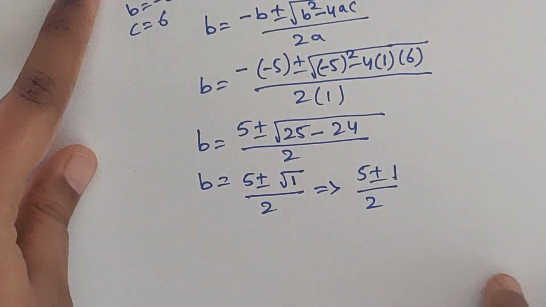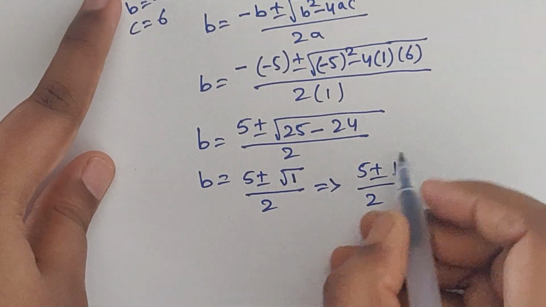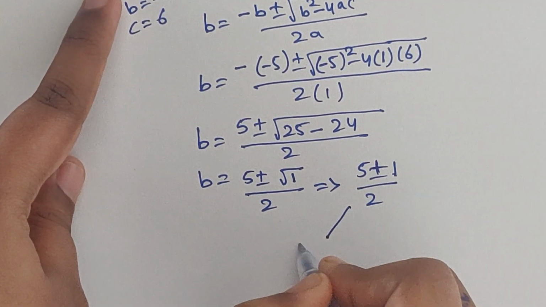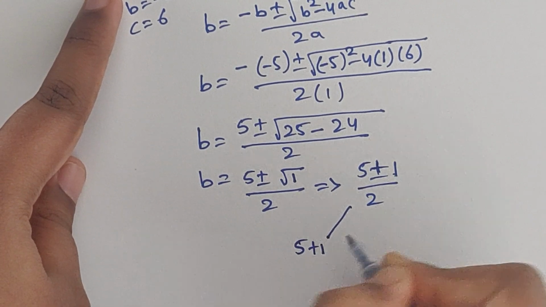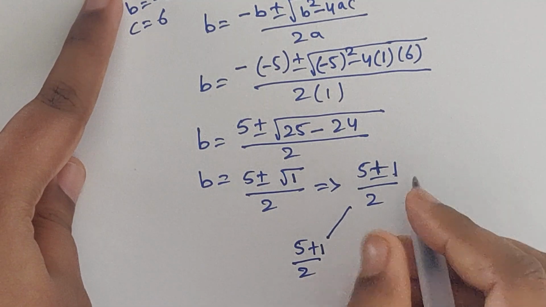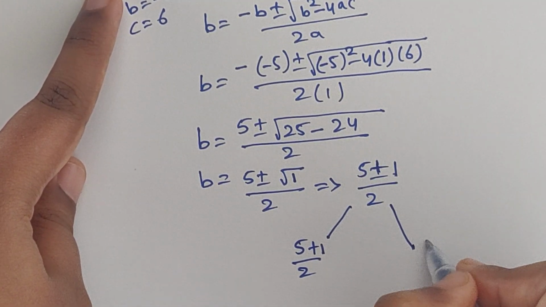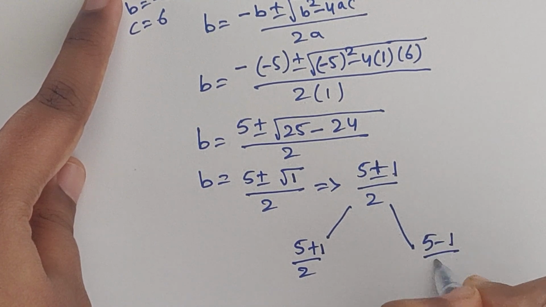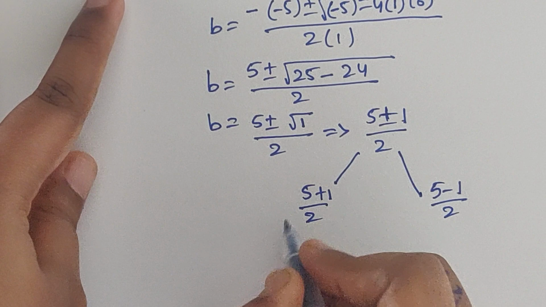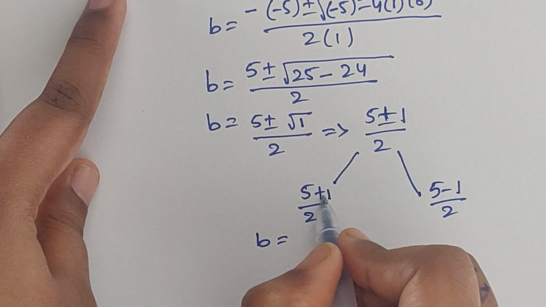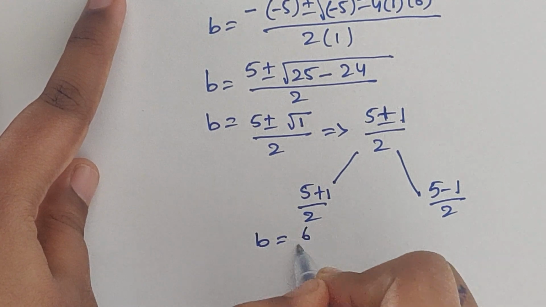So now we can split this solution into two parts. One is 5 plus 1 divided by 2, and the other one is 5 minus 1 divided by 2. So we got b equals 5 plus 1 which is equal to 6, 6 by 2.